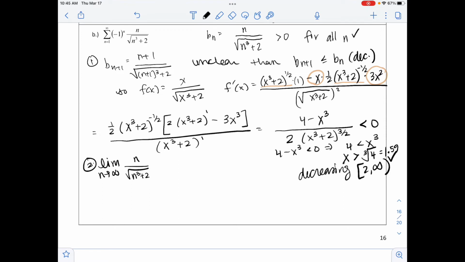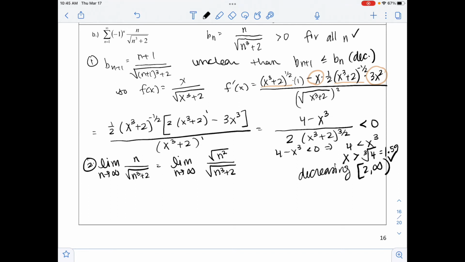You have a couple different ways to do this. I'm going to go ahead and rewrite this as the limit as n approaches infinity of the square root of n squared over the square root of n cubed plus 2.